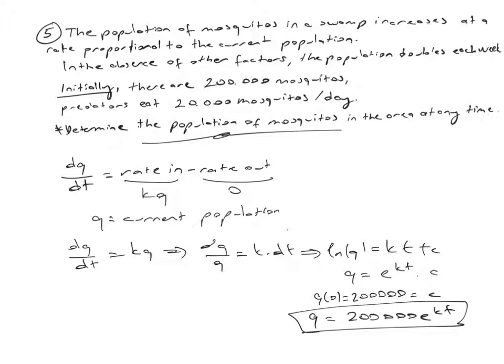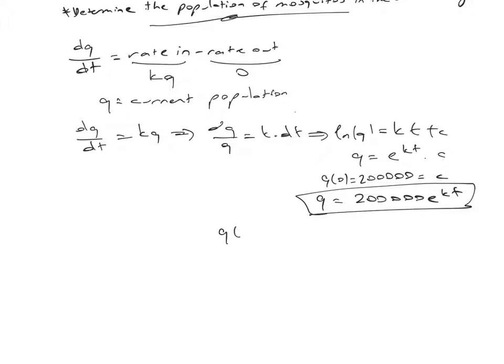So after 1 week, the population of mosquitoes will be equal to 400,000. So Q1 is equal to 400,000 is equal to 200,000 times e to the k. T is equal to 1 here, so I will not write it. From here, k is equal to ln2.